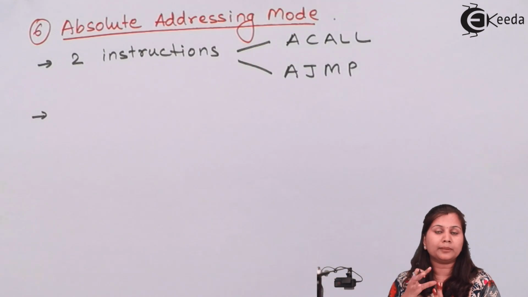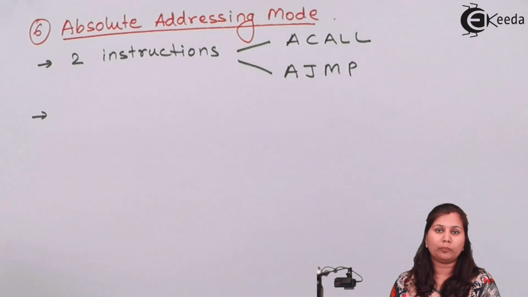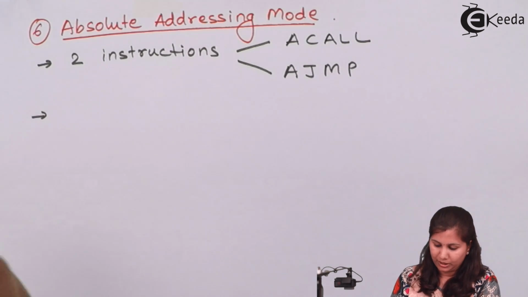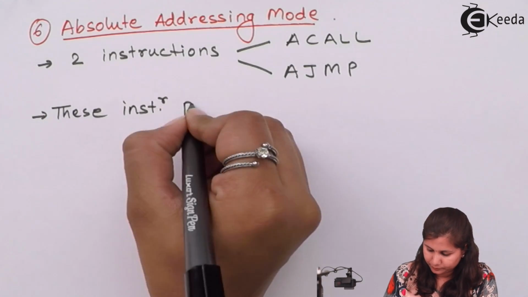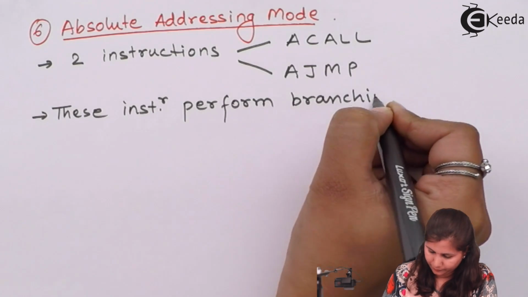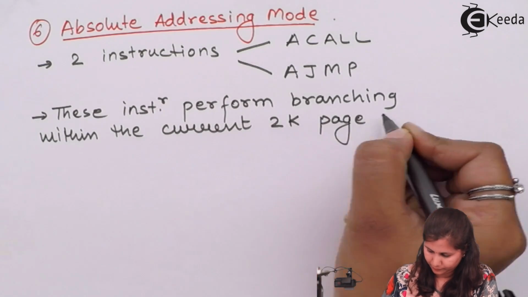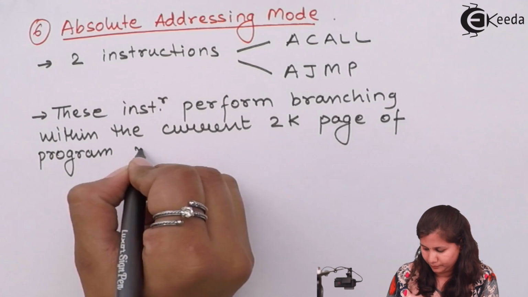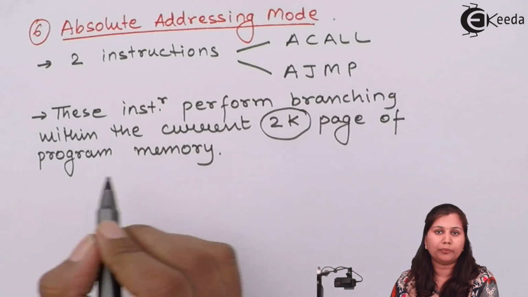The memory location where the microcontroller is jumping is located in the 2 kilobyte page of the program memory. So the microcontroller will jump to a memory location which is located on the same page, that is the 2K page of the program memory.